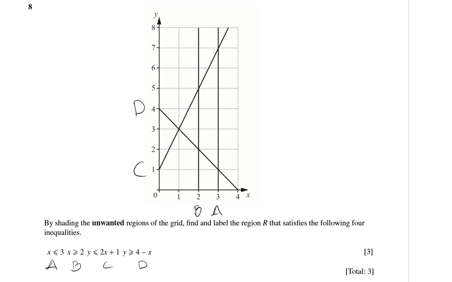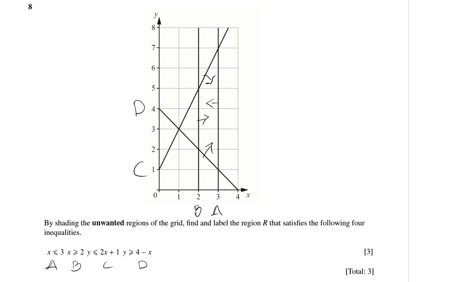So for line A, inequality is lesser. It is pointing towards this side. For line B, it is greater, pointing towards this side. For line C, it is lesser, this side. And for D, it is greater, this side.